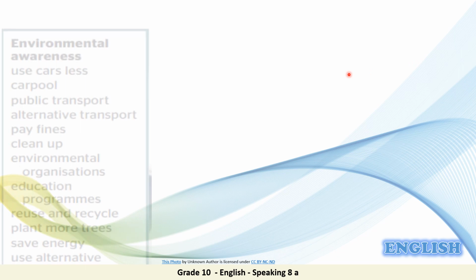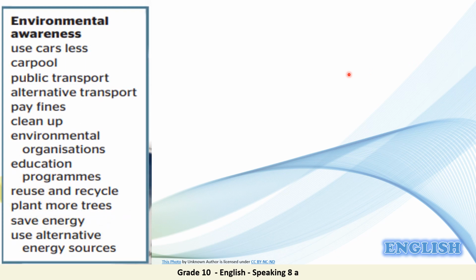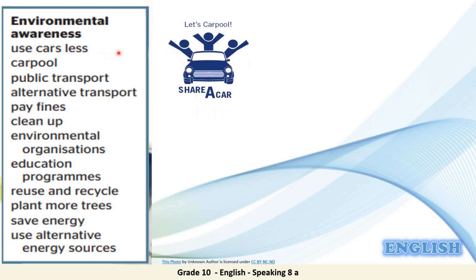Now let's find out some of the environmental awareness. For example, use cars less. So people can depend more on using public transportation instead of using cars. They also can use bicycles. Also, we have carpool.